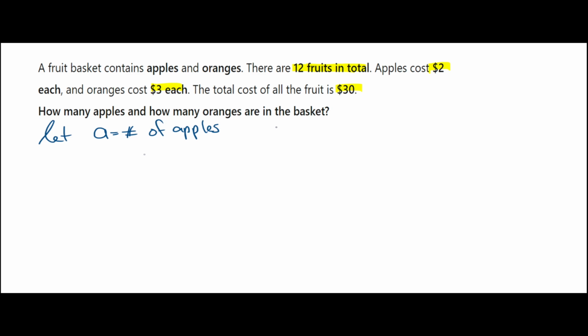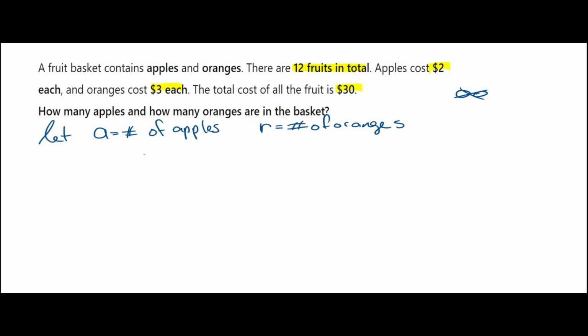And I'm going to let, I don't want to use O because it looks like a 0. I'm going to say let R be equal to the number of oranges. See there why I didn't use O for that, because you could have 0 O's and it's just a mess.